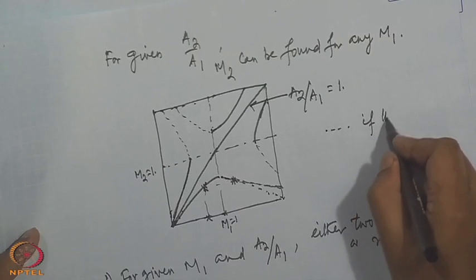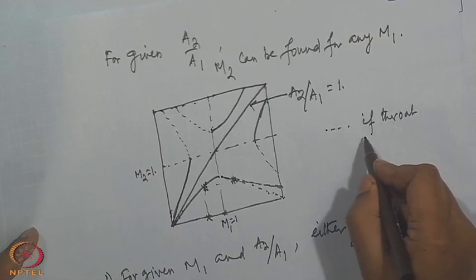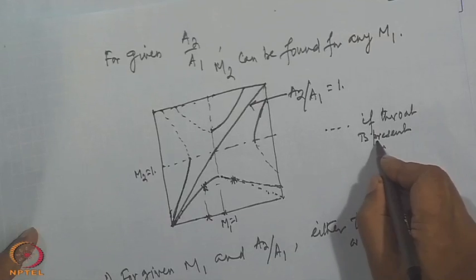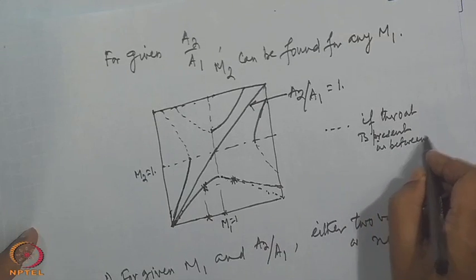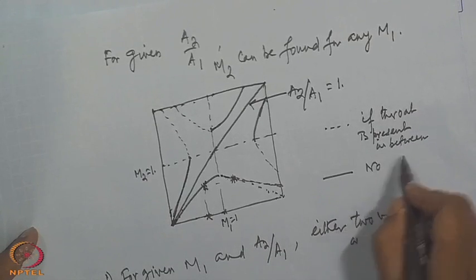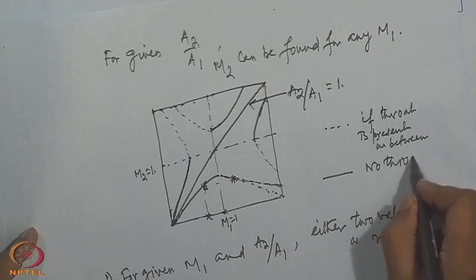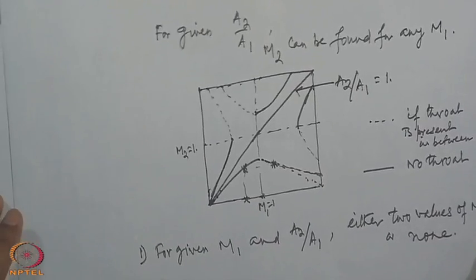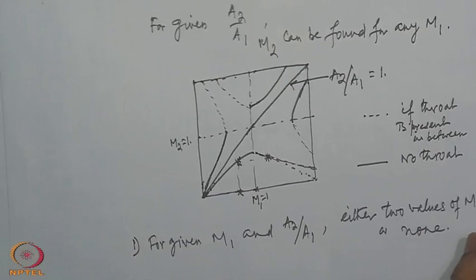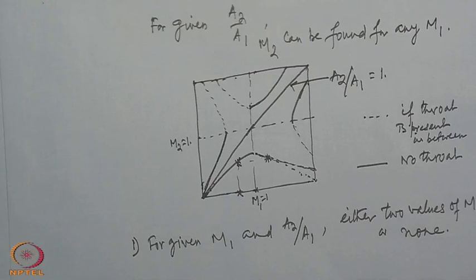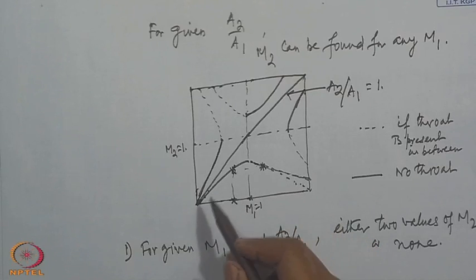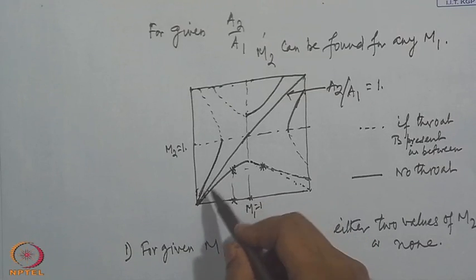If a throat is present between, the dotted curves occur, and the solid curve will occur when there is no throat. Let us take an example that M 1 is subsonic and the passage is converging, and then M 2 must be subsonic.